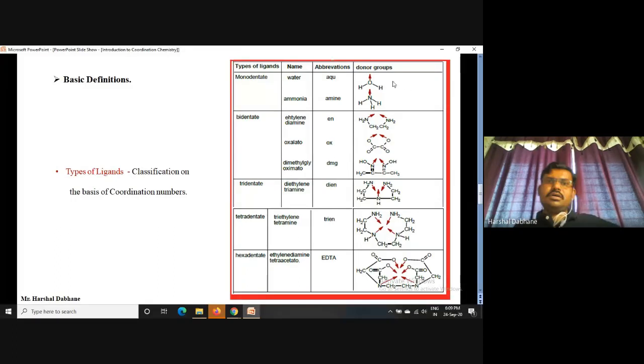Now, what types of ligands are there? Monodentate, bidentate, tridentate, tetradentate and hexadentate.